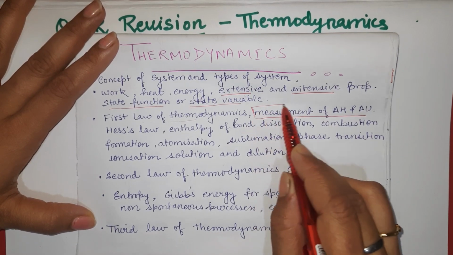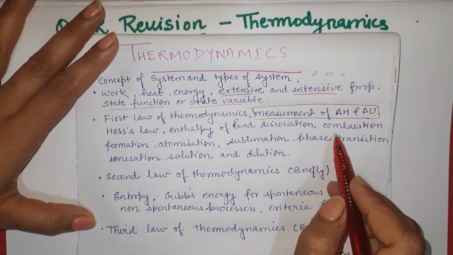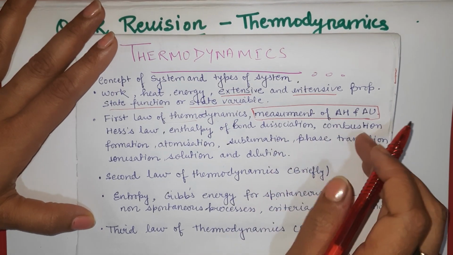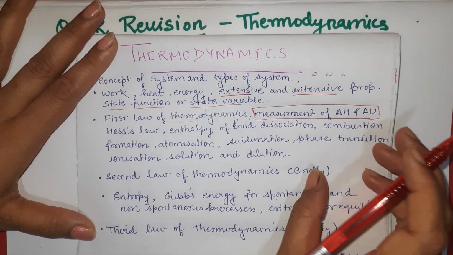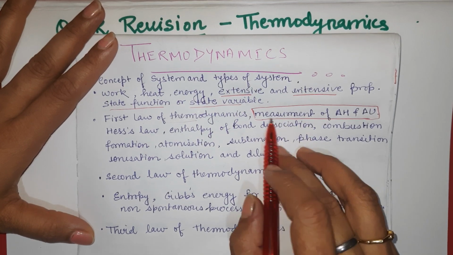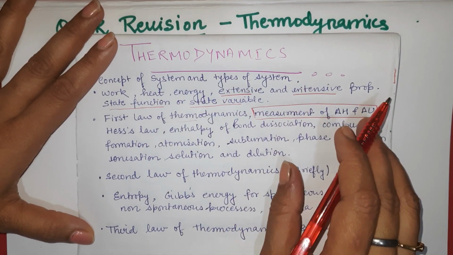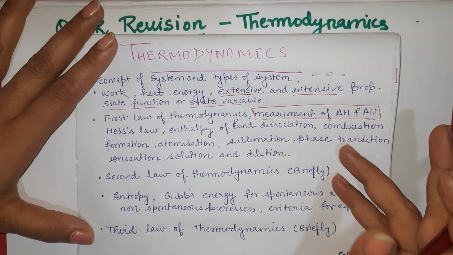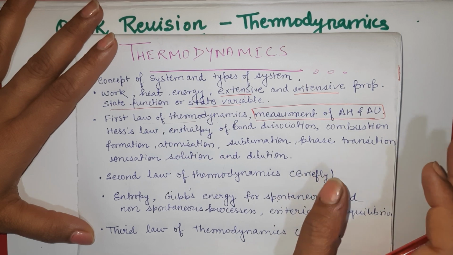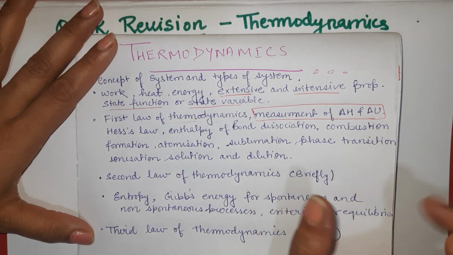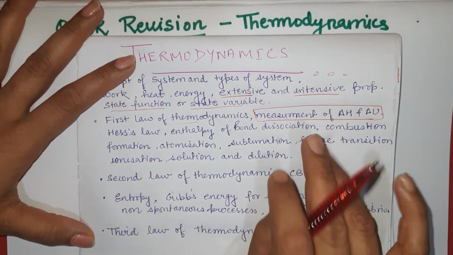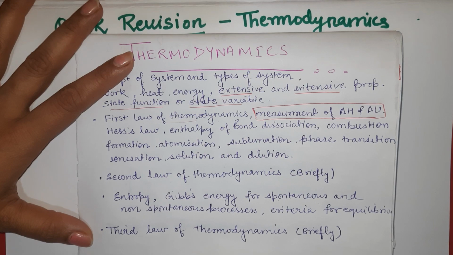Earlier this part was not very important because lots of things were there, but now the measurement of delta H and delta U, enthalpy and internal energy, is a much focused part, and one question can be asked from this topic: how you will measure delta H and delta U. In NCERT this is very clearly discussed, and the diagram of the setup is also there in your NCERT. So this question can be asked directly: how do you measure delta H and delta U?